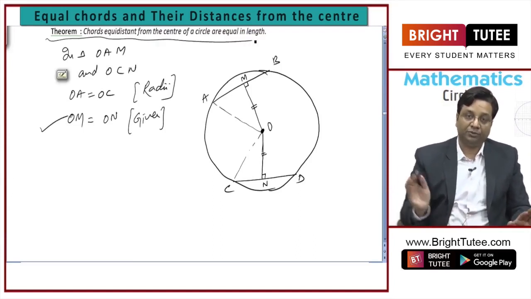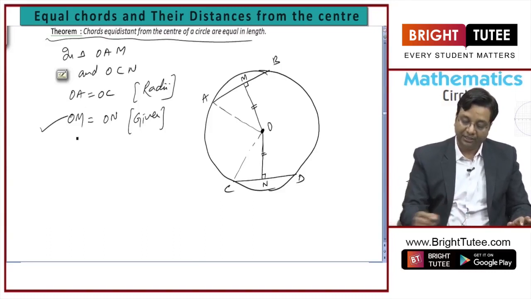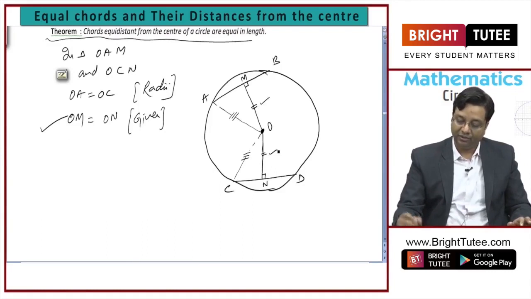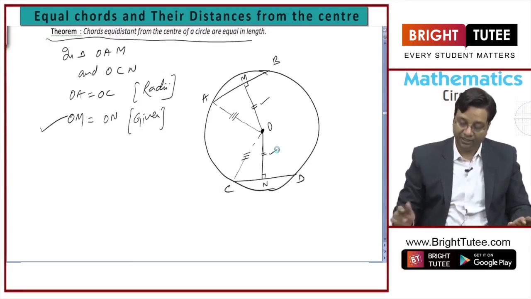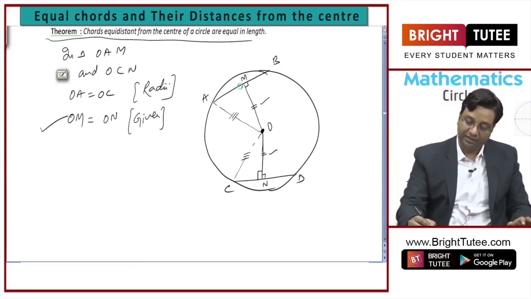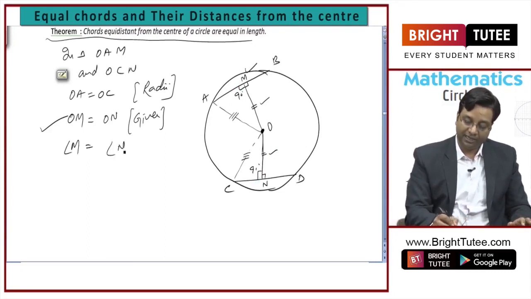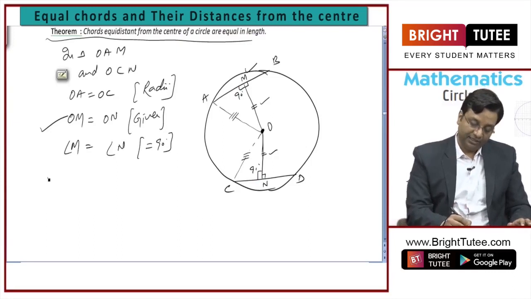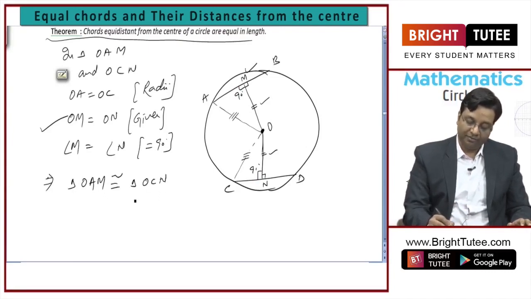Then we will be able to prove this theorem, right? So I have said that this side is equal to this side, because these are given, and these angles are 90 degrees each. So if I call it angle M, angle M is equal to angle N equals 90 degrees, right? Hence triangle OAM is congruent to triangle OCN, okay, by RHS congruence.